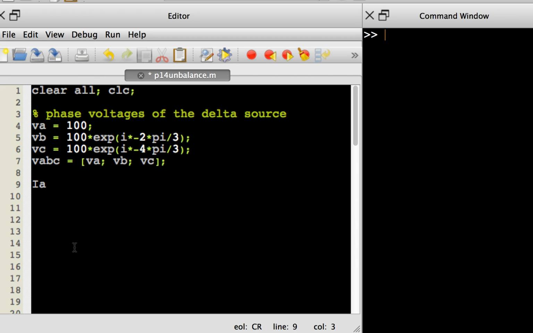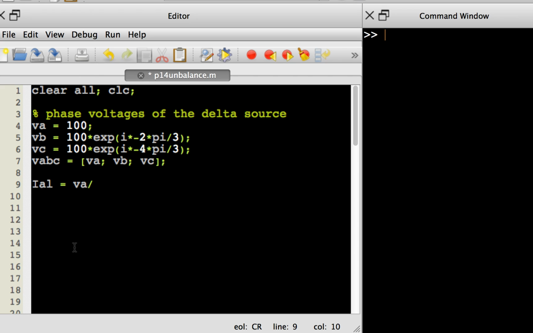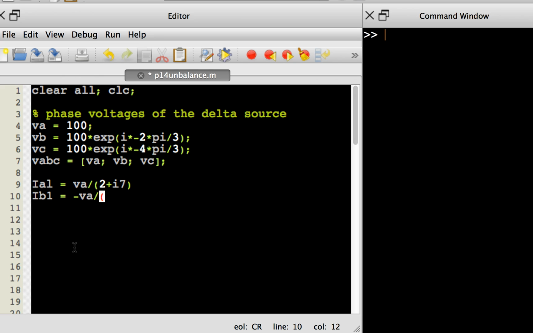Now, what is IAL? Just now we calculated, we wrote down VA divided by 2 plus j7. So this will tell me what is IA1. Now what is IB1? IB1 is nothing but negative of VA divided by 2 plus j7 plus 2 plus j7.